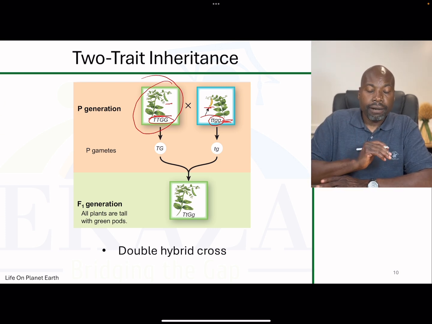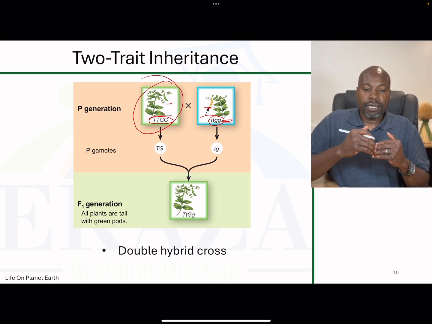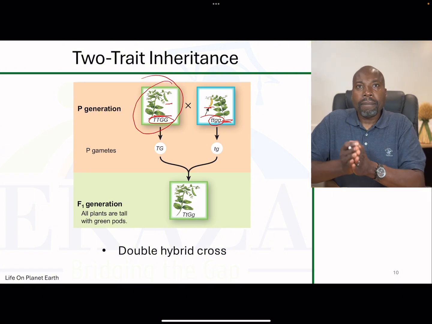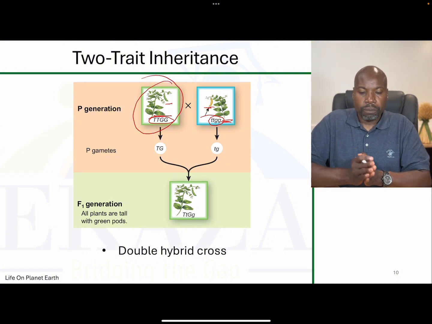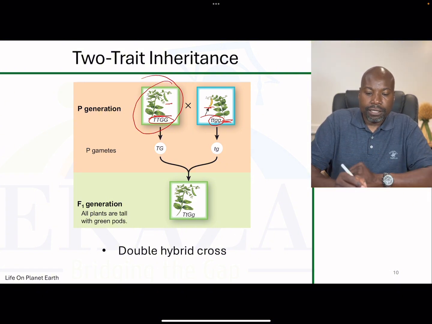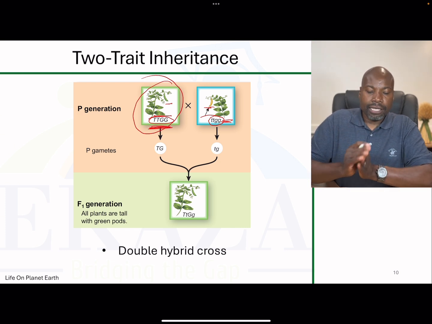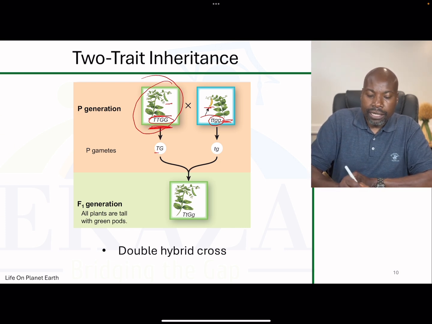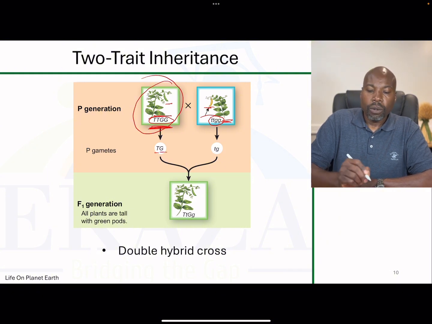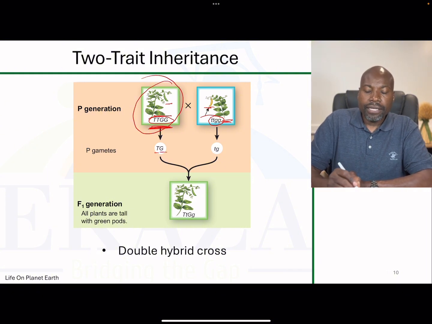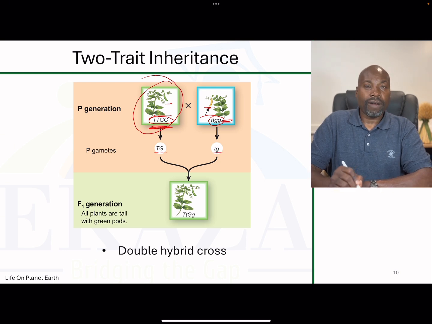So from there, he can deduct what kind of gametes are being produced. So the gametes for the tall and green true breeding parent is going to be capital T, capital G, while the other parent is going to produce gametes that are lowercase t and lowercase g, right?